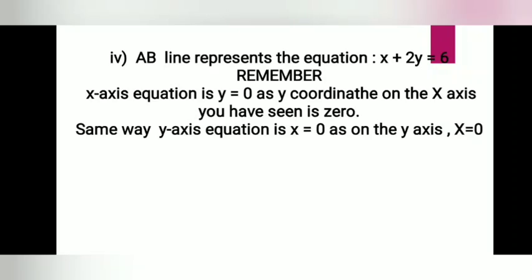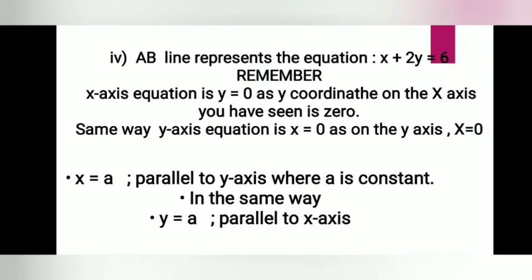That's why the x axis equation is y equal to 0 and the y axis equation is x equal to 0. And in some equations, if you get x equal to a, that will be parallel to the y axis, where a is a constant. In the same way, if you see y equal to a, that will be parallel to the x axis. Here also a is a constant.